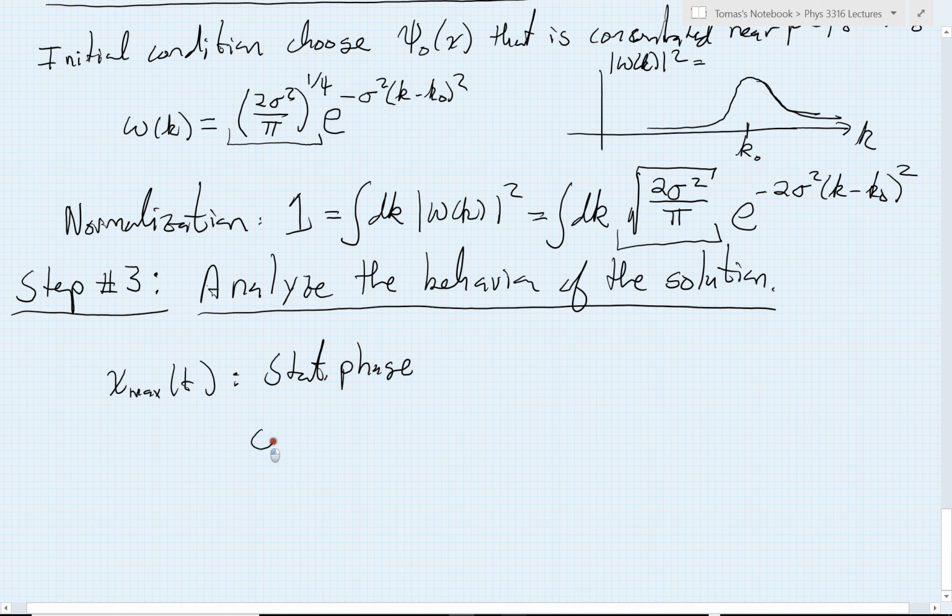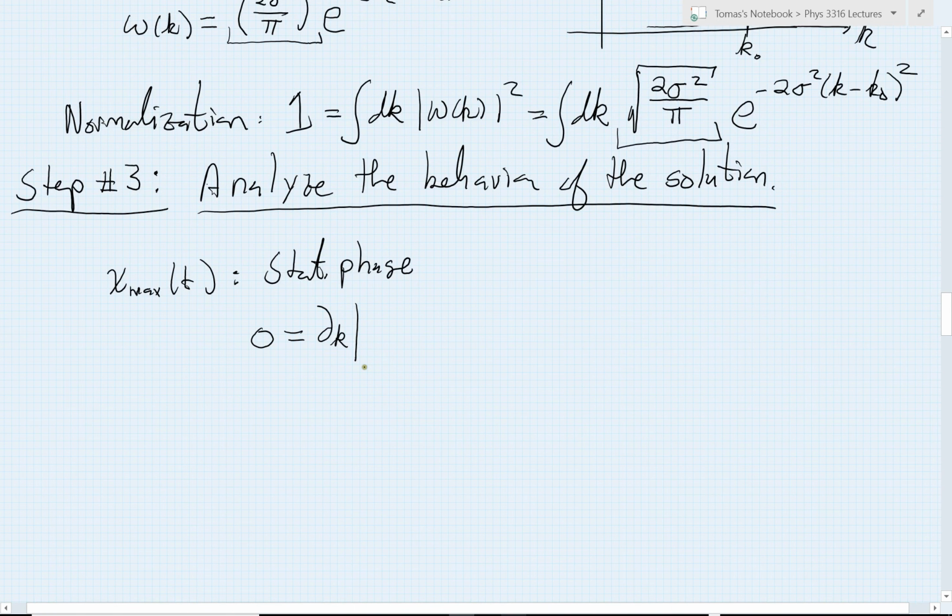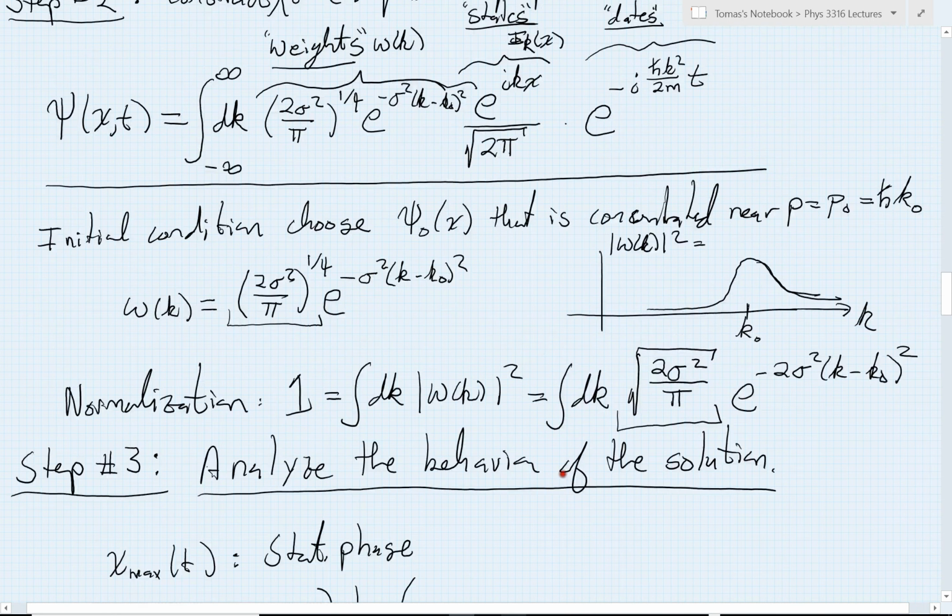And stationary phase says that zero will give you the partial derivative with respect to k, evaluated at, of course, the peak contribution, the peak amplitude. The real parts just give us amplitude, but the peak amplitude comes near k naught, so the derivative would have to be evaluated at k naught. We take then the derivative of the phase.